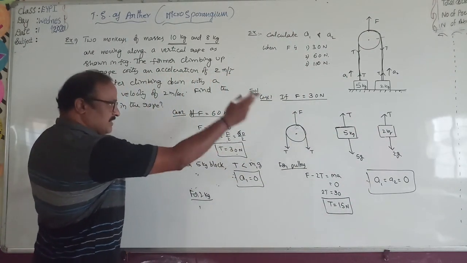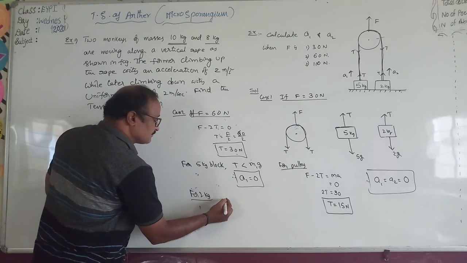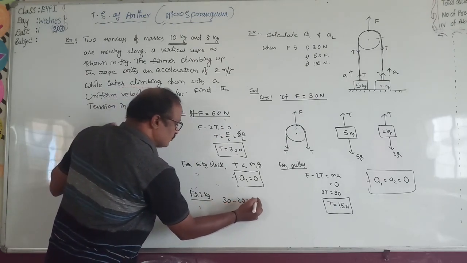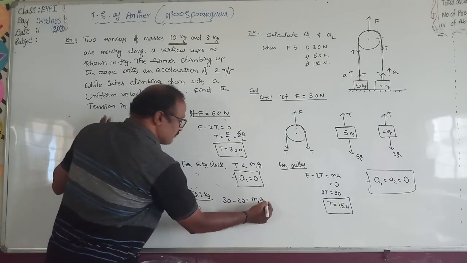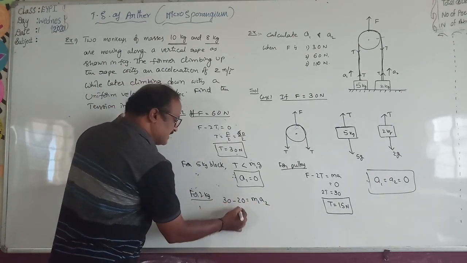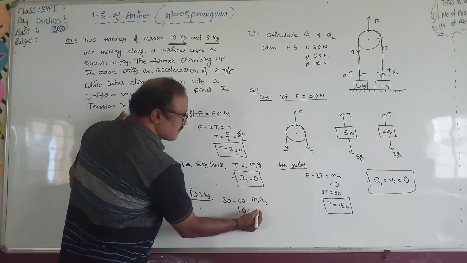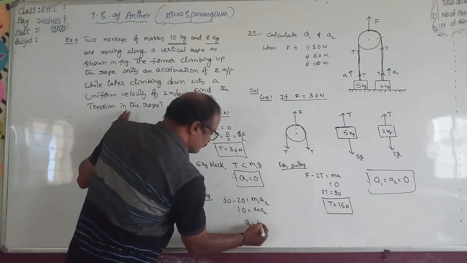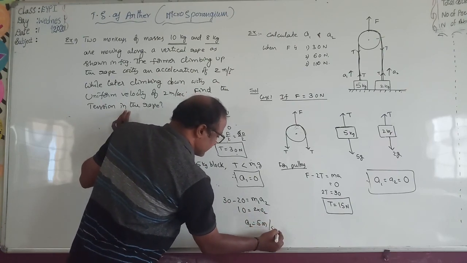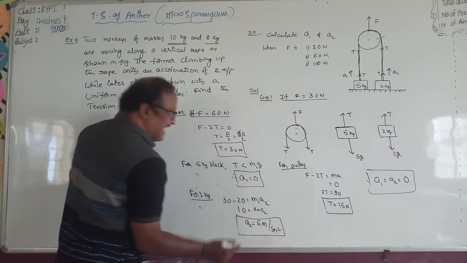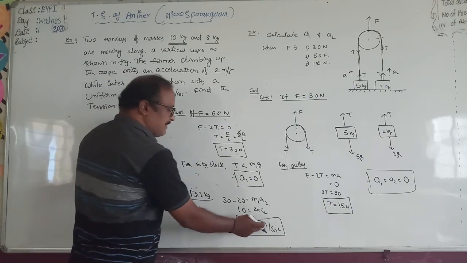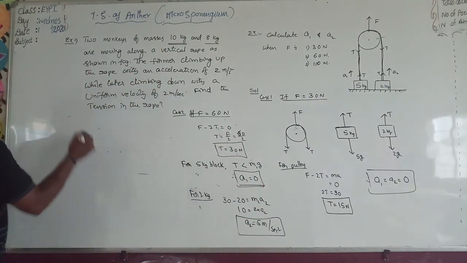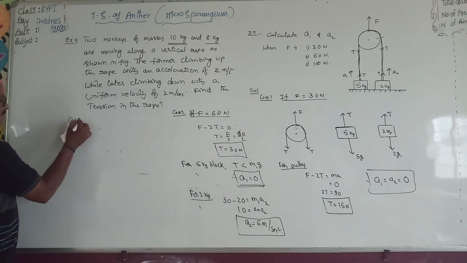Net force acting on the 2 kg block is given by 30 minus 20 is equal to m2 into a2. 30 minus 20 is equal to 10, m2 is 2, so 10 is equal to 2 into a2. Therefore a2 is equal to 5 meter per second square. That's why the acceleration of the second block is 5 meter per second square and for the first block it is equal to 0.